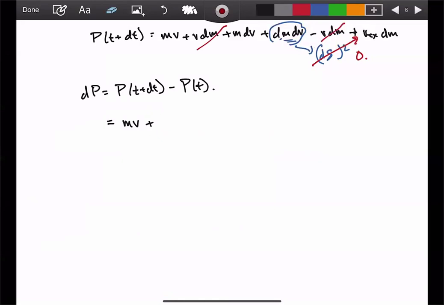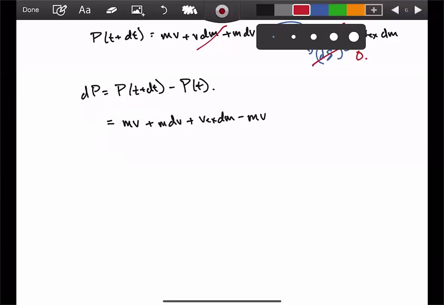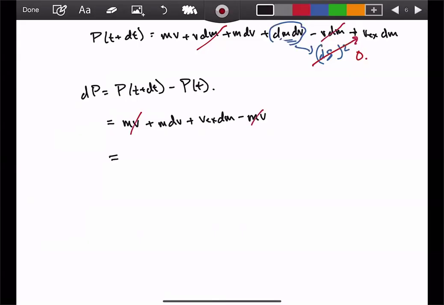So I'm going to get an mv plus m dv plus v expulsion times dm minus mv. Of course the two mv terms are the same, so we're going to get rid of those. So my change of momentum is going to be simply equal to m dv plus v expulsion dm.